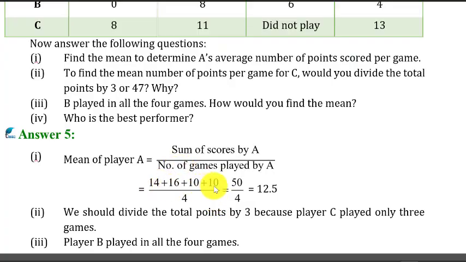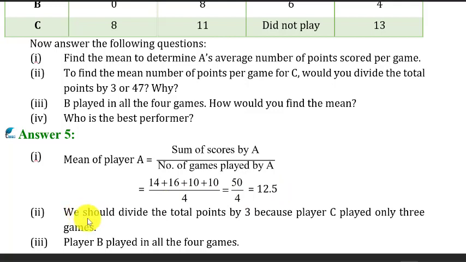So the sum of numerators will be 50 because 14 plus 16 is 30, 30 plus 10 is 40, 40 plus 10 is 50. So 50 is the numerator and the denominator is 4 because the number of games is 4 here. So 50 by 4, dividing 50 by 4, we get 12.5.